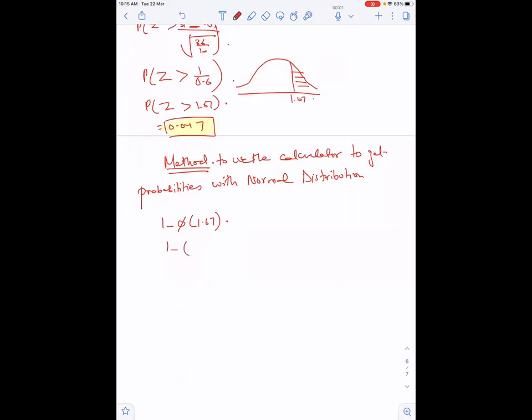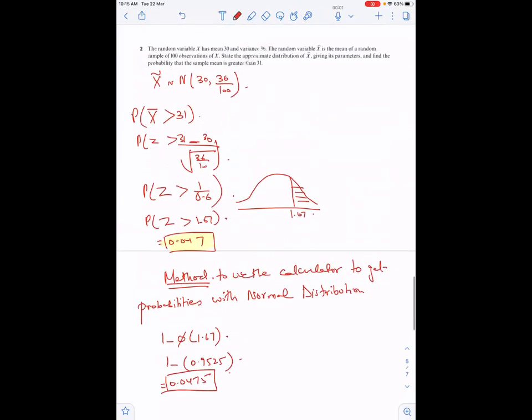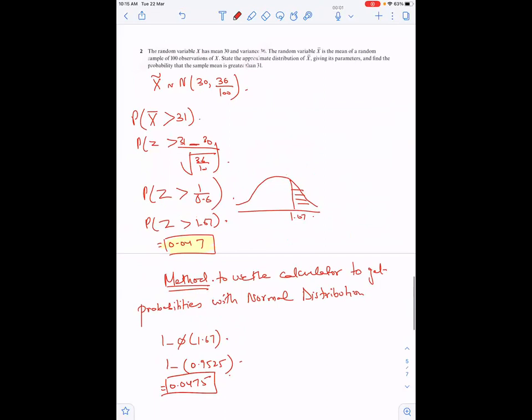So 1 minus 0.9525 is 0.0475. This is how it would be. So we got this answer.